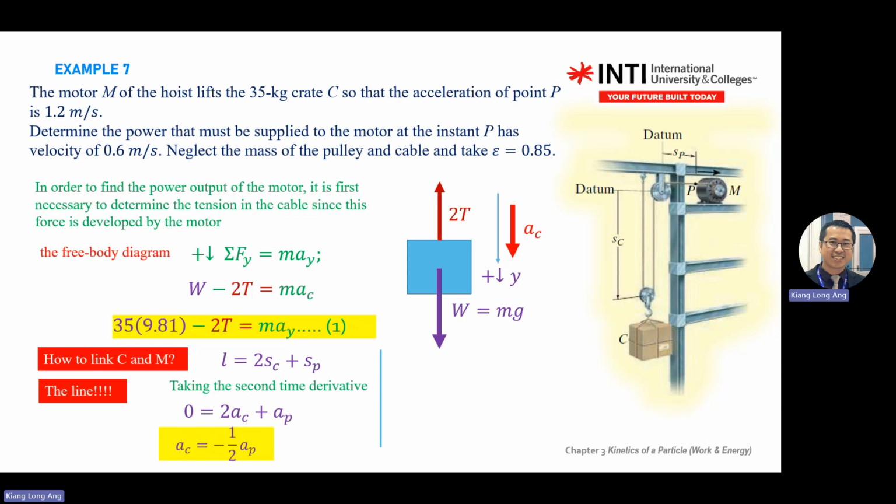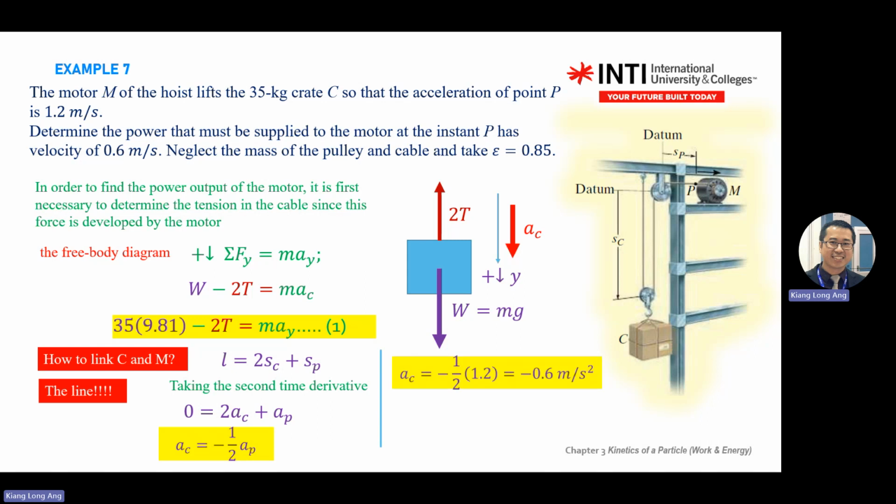So AC equal to minus half AP. It means that AC moves at half the acceleration of the P here. So we are combining chapter 2 understanding in this chapter 3 question.